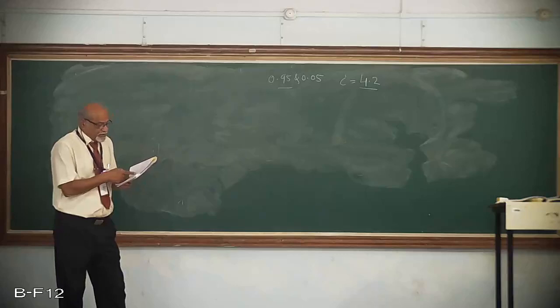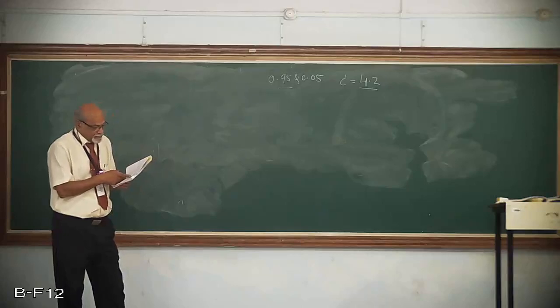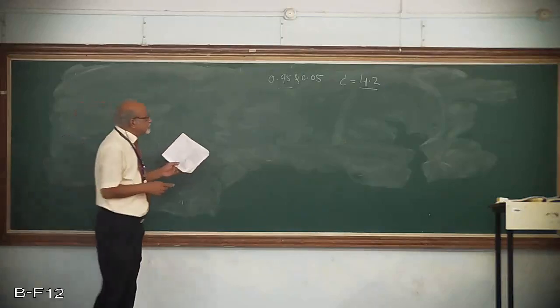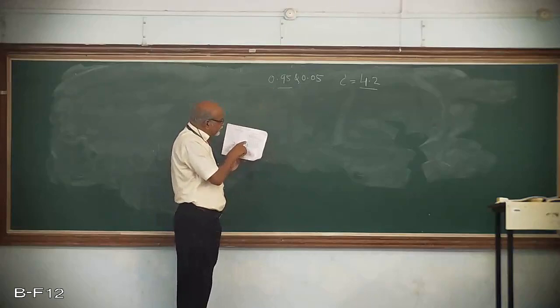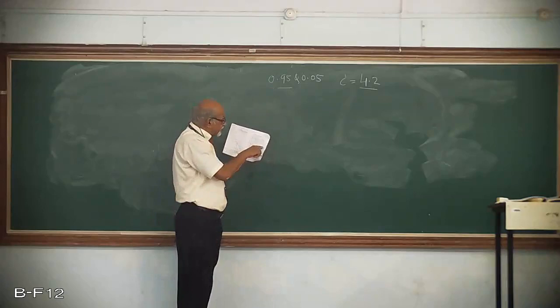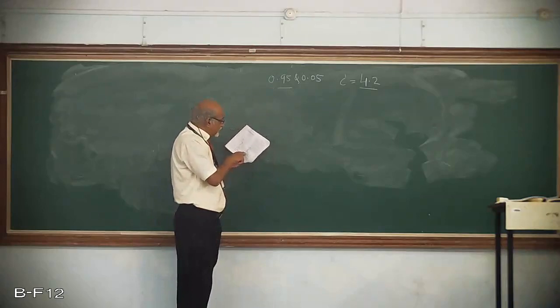If I go to 4.2, now under that one, for that C prime, he has given the total cumulative area. Now what is my maximum? This one is 0.95. So under 4.2, where I get 0.95, I should go.